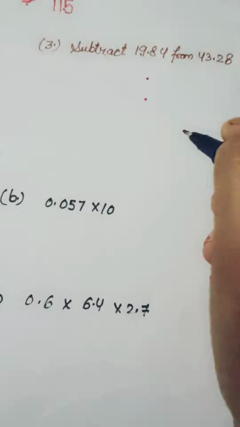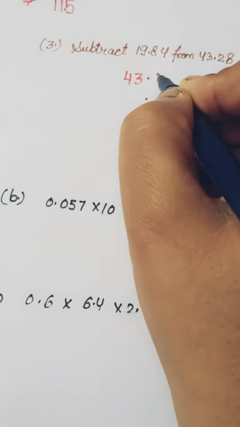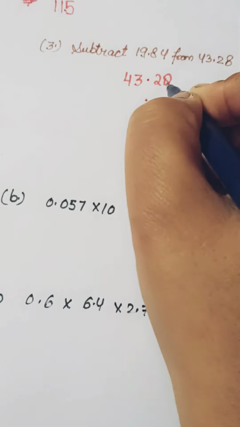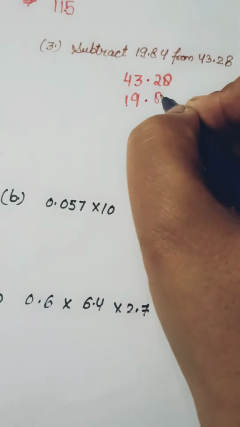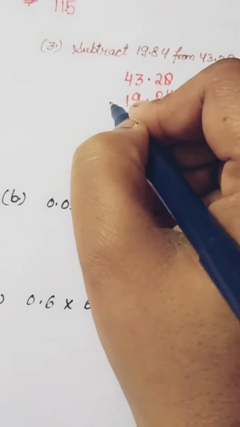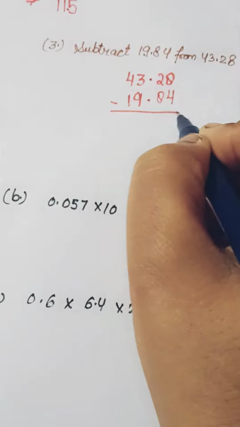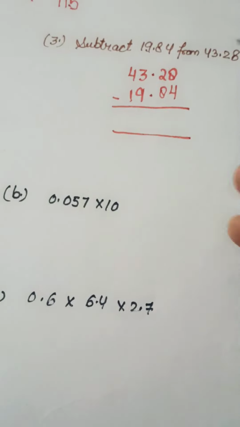Place decimal, then 43.28, then 19.84. Now we have arranged it correctly. Put minus sign and let us start subtracting it.